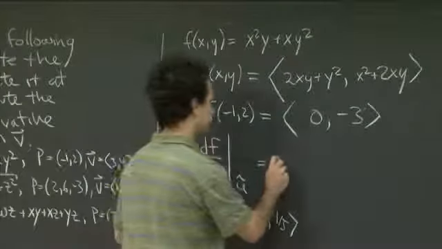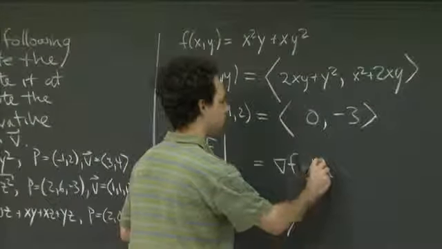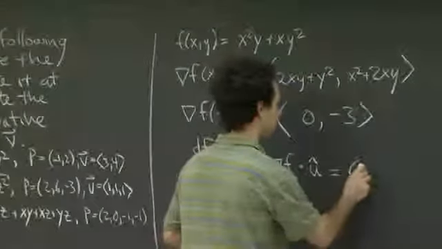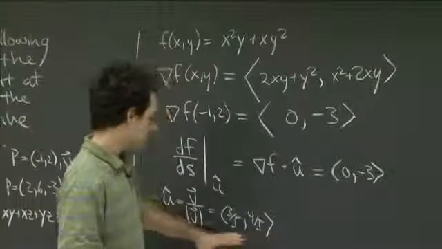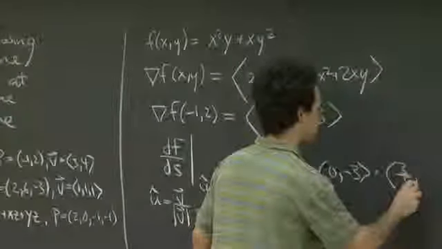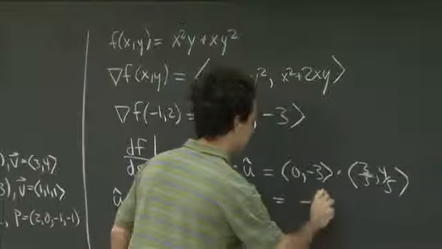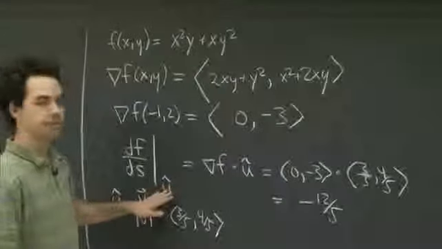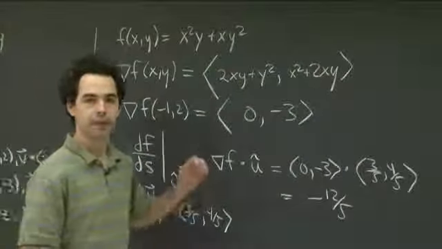So this is the gradient of f at p dot u, which is 0, minus 3 dot our vector u, which is 3/5, 4/5, and that dot product is negative 12/5. So in this direction, the function is decreasing at about this rate at the given point. All right, that's part A.